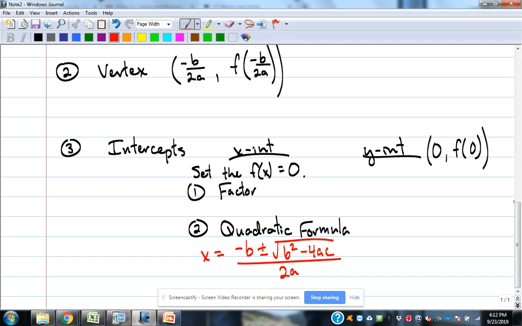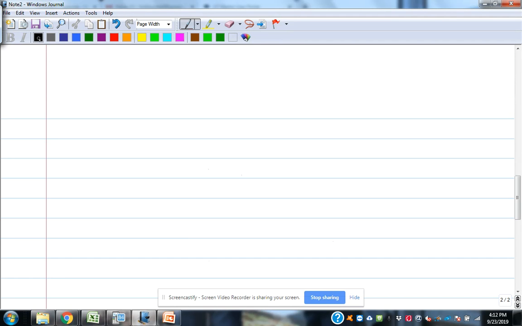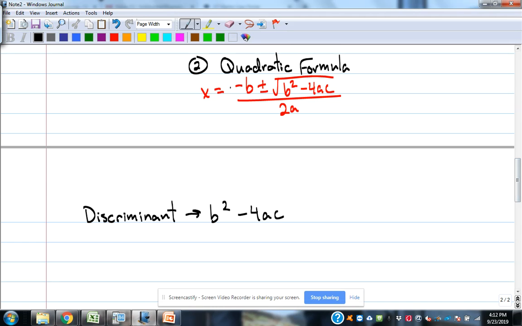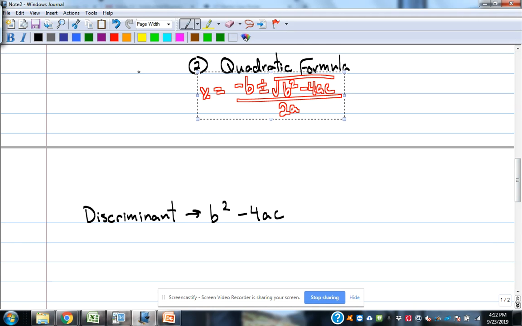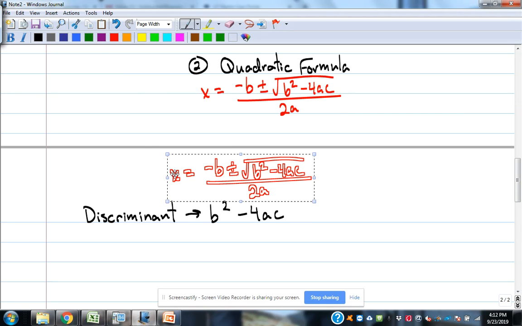Inside of that quadratic formula, there's this thing called a discriminant. The discriminant discriminates what kind of answers you have. The discriminant is the stuff that's underneath the square root. So when you've got the quadratic formula there, the discriminant is all of that stuff that is underneath the square root.